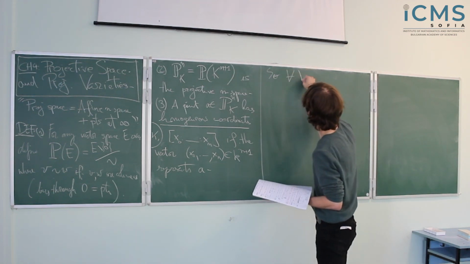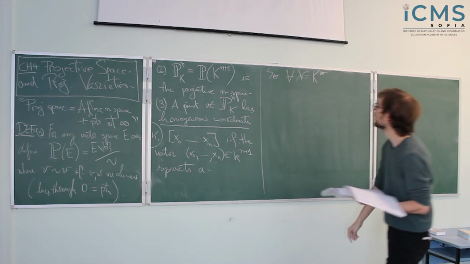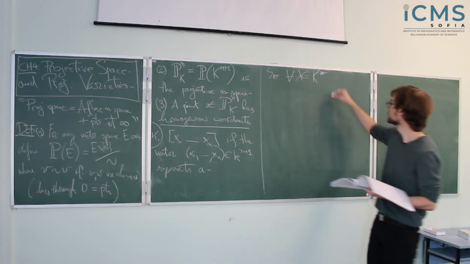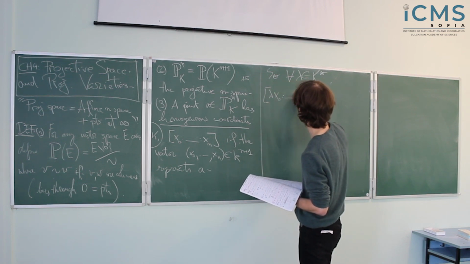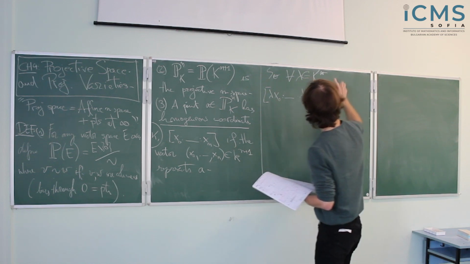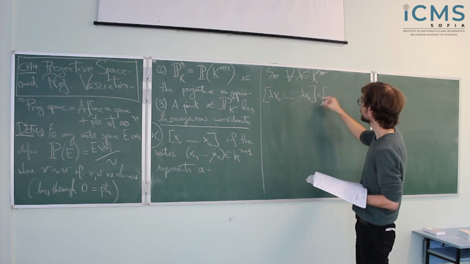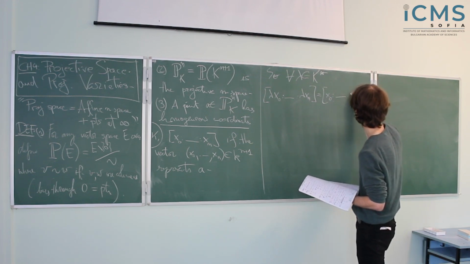So for all lambda inside of K not 0, we can multiply all of the coordinates by a certain scalar, and we will obtain actually the same point in the projective space.